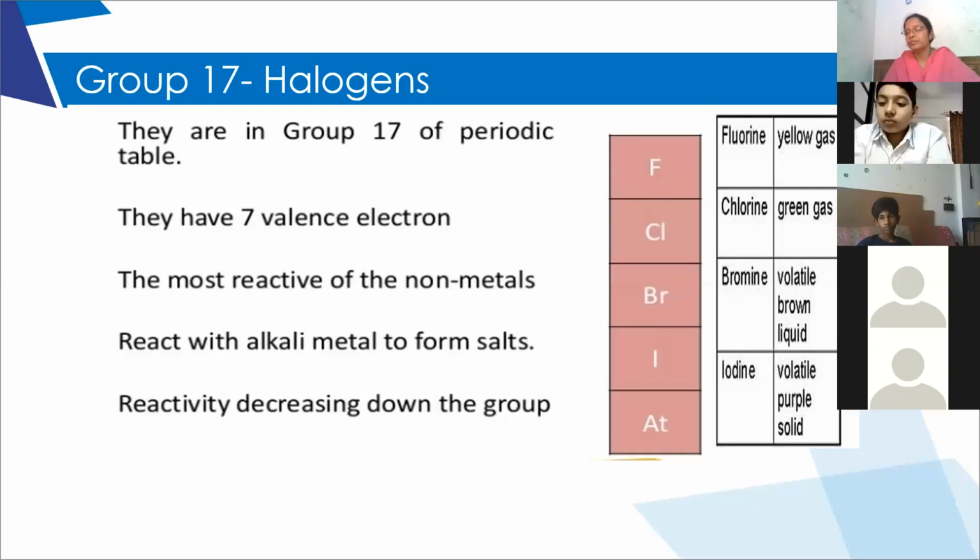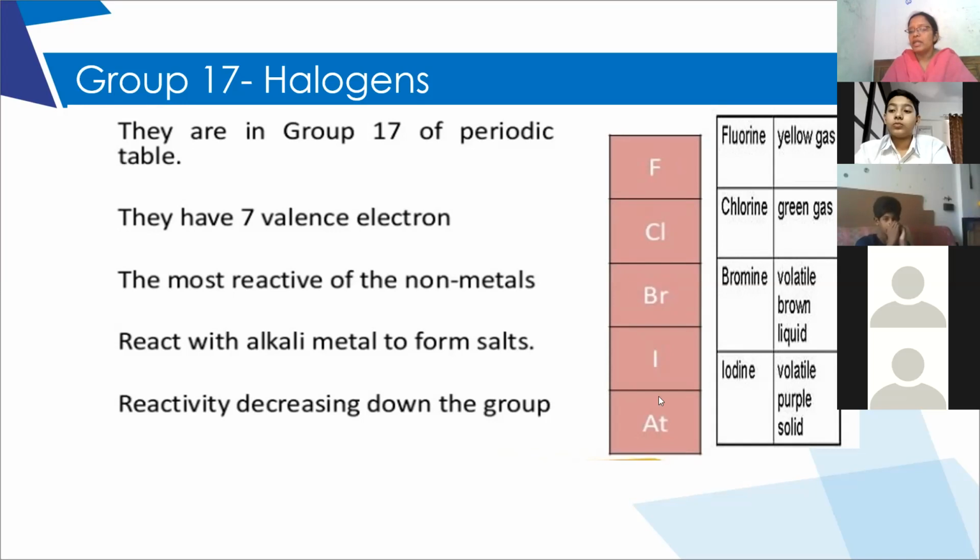Liquid non-metal is bromine. Note down this: the only non-metal which exists as liquid at room temperature is bromine. It is reddish brown in color. Iodine is a purple color solid, and iodine gas is also liberated as purple color.